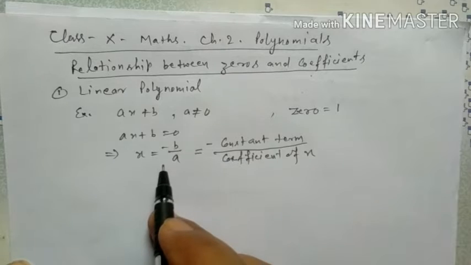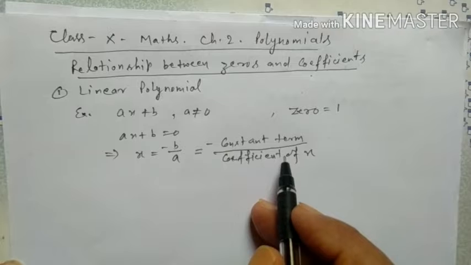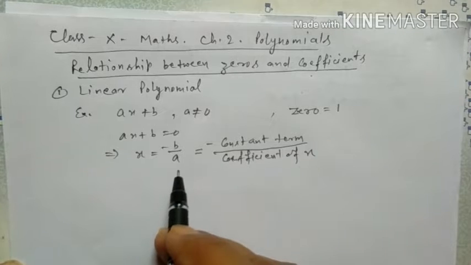This is the relation between zeros and coefficient.